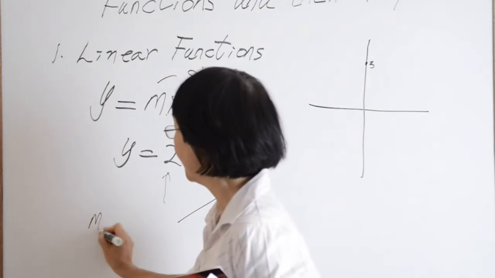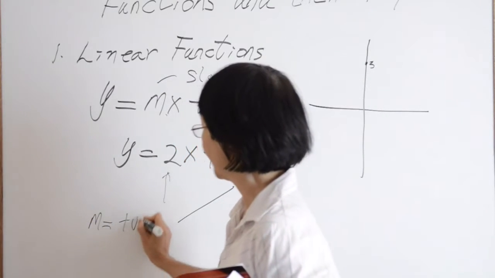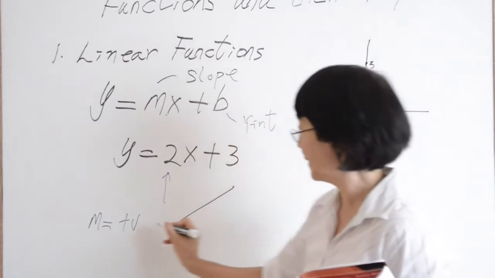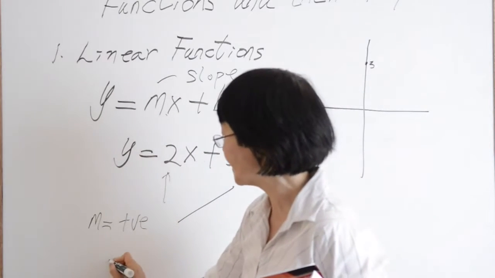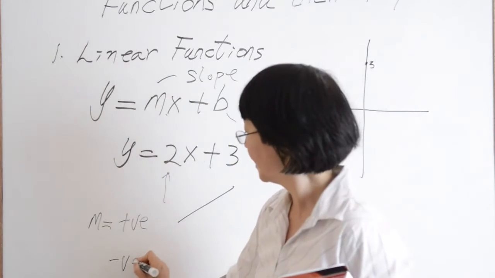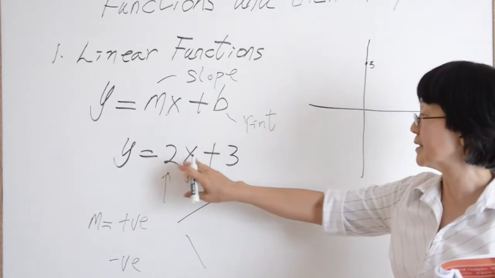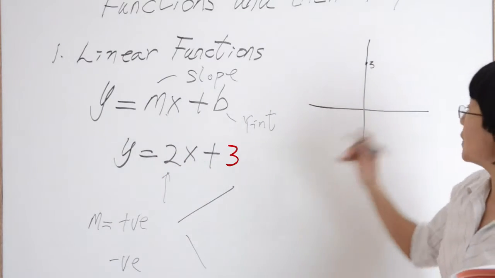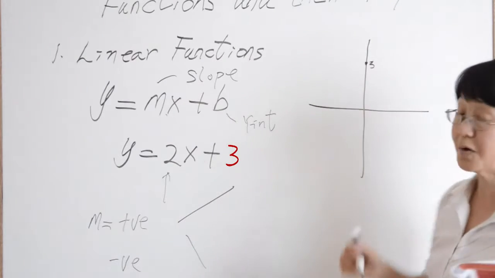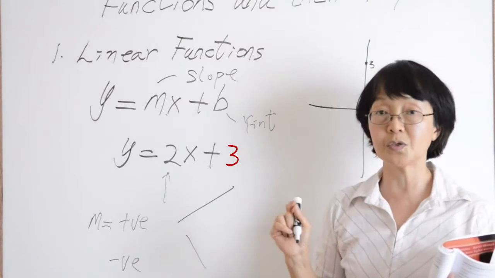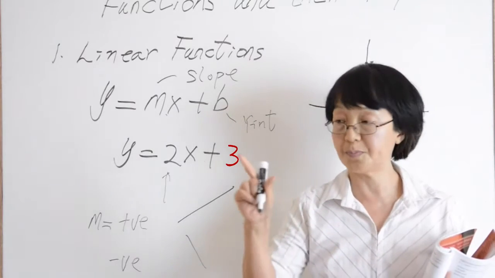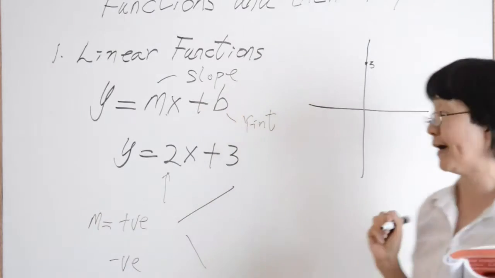If m is positive, your graph slants this way. If it's a negative value, it slants this way. Because this is 2x + 3, right away you know one point is here. You only need to get another point to draw the straight line. Two points connected make a straight line, right?